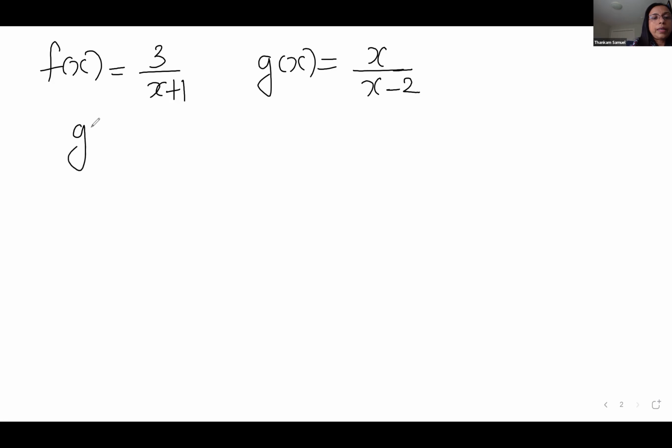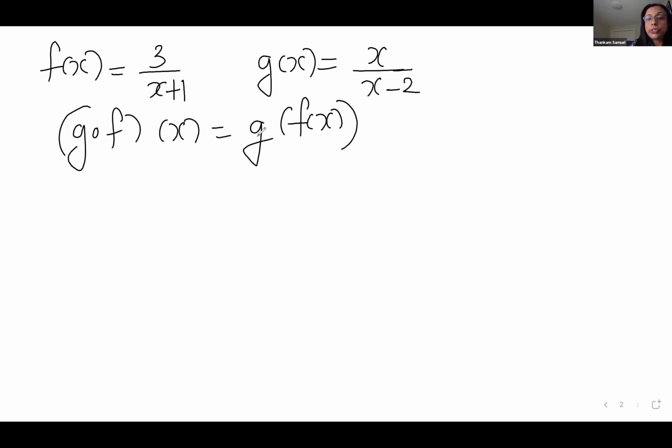So to find g of f of x, we need to input the function f of x into the function g. So the outer function is g. We need to input f of x into g. That is g of f of x. The function is 3 over x plus 1.